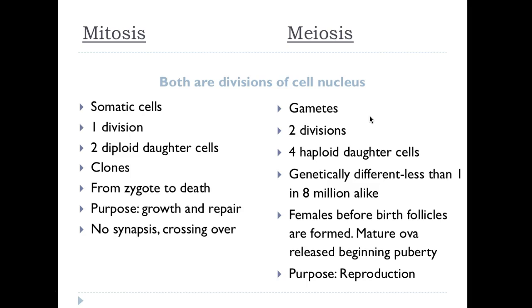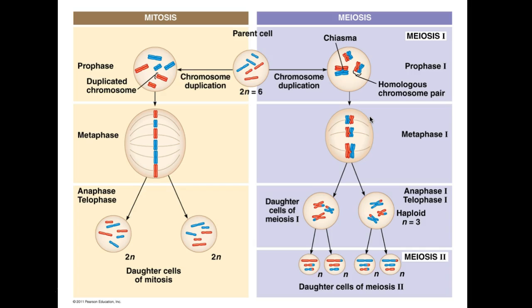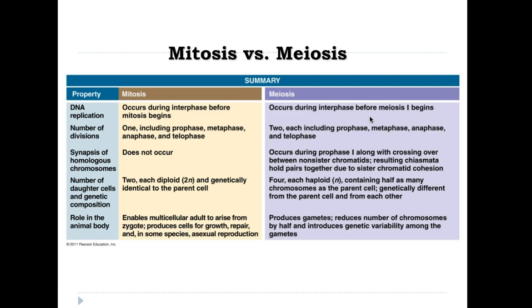In mitosis, there's no synapsis and crossing over. And here you can see a chart of all that, what we just discussed. So here's another good summary table to have in your book.